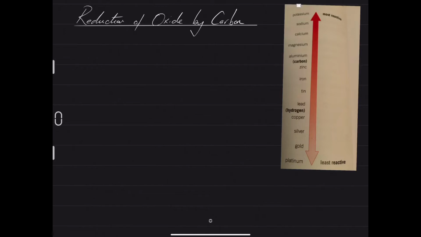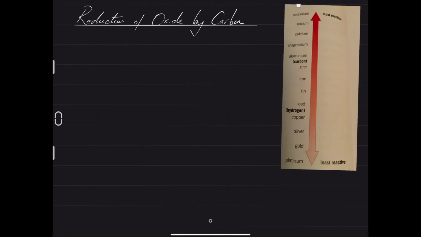So what we say is that we can use carbon to displace a metal from its oxide, from being combined with oxygen for certain metals. We can use it for zinc, iron, and tin.